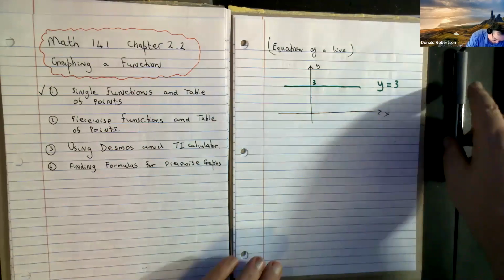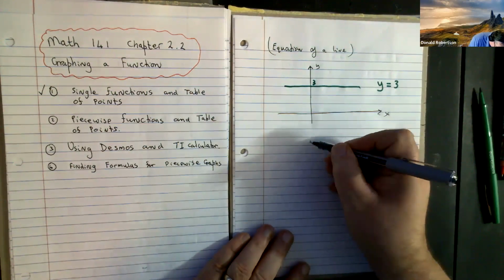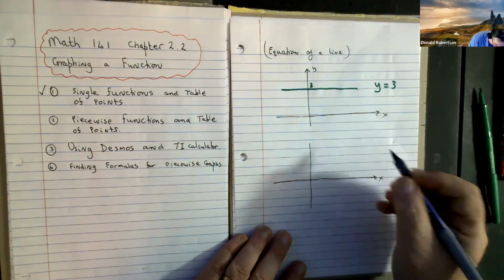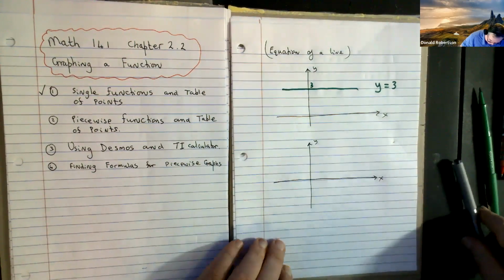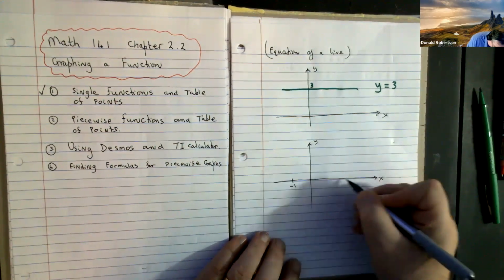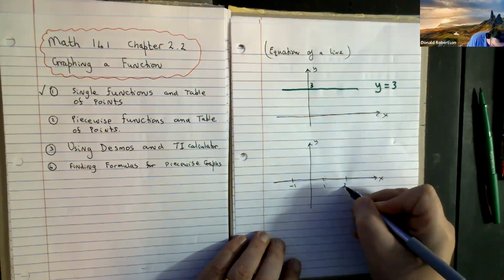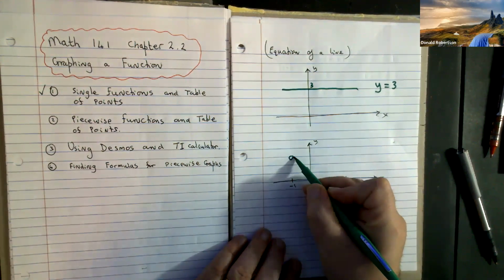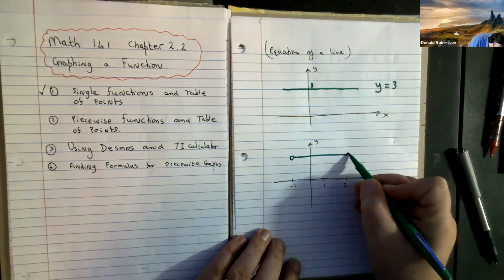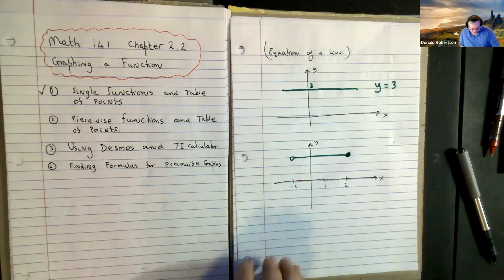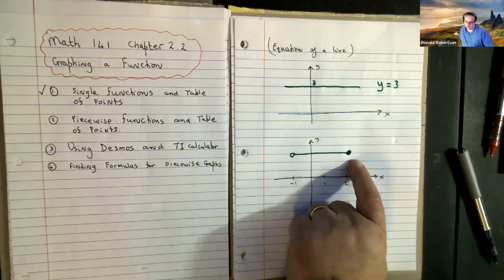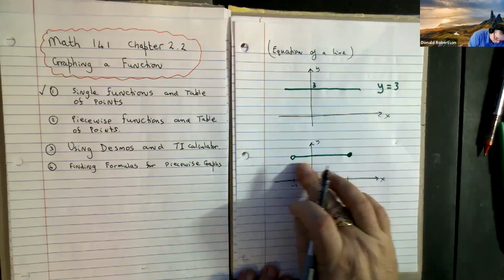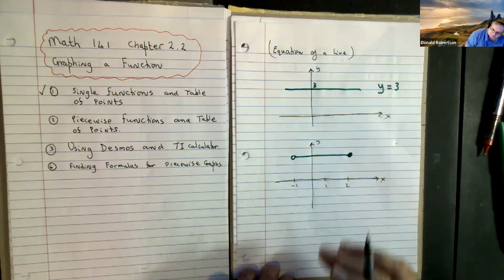Okay. Now, suppose I have a straight line, y equals 3, I'll keep it as the same one, but you can't use it for every value. It starts at -1 and it finishes when x is 2. Now you notice I've got a circle here and a solid dot here. And we want to try and explain how you would describe that equation.